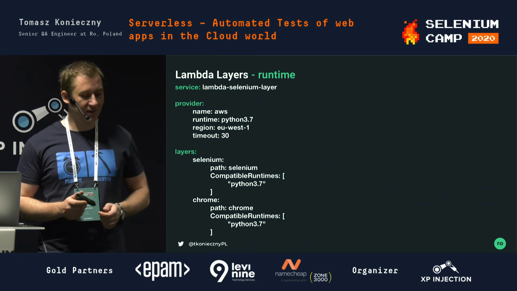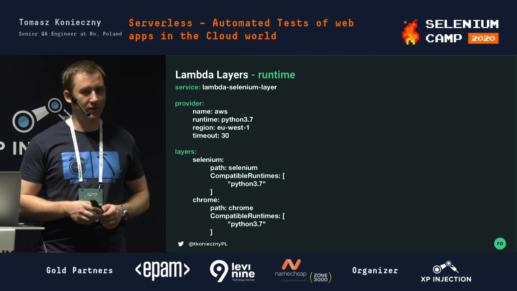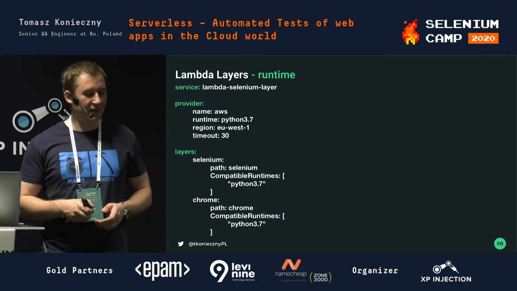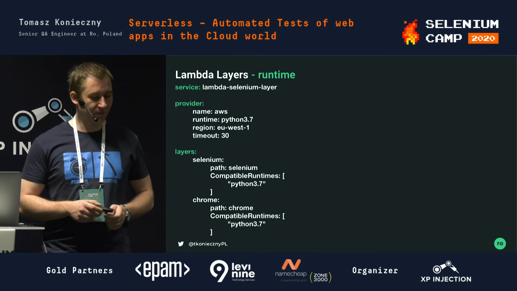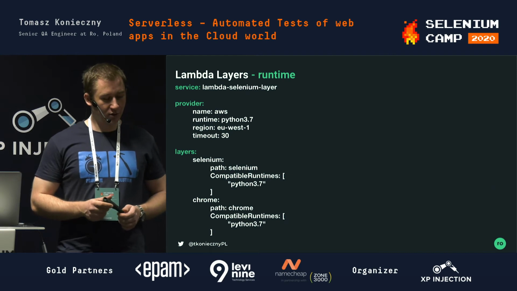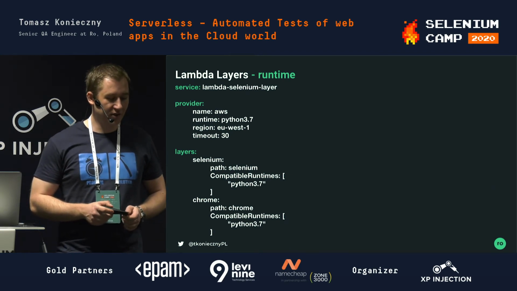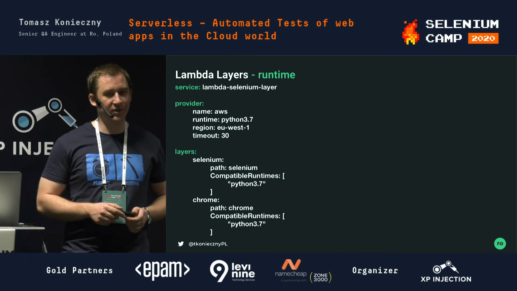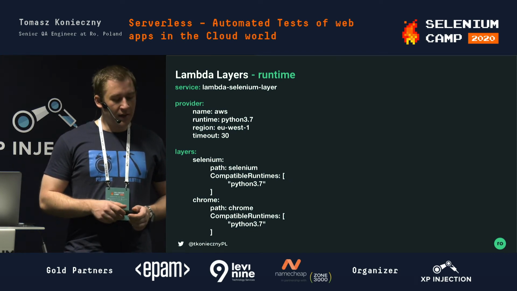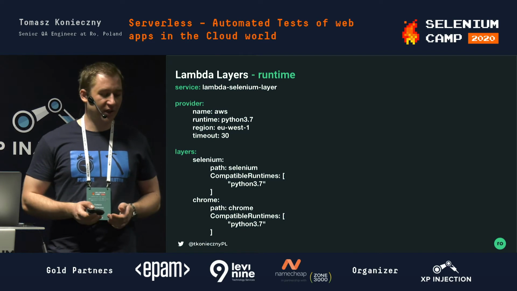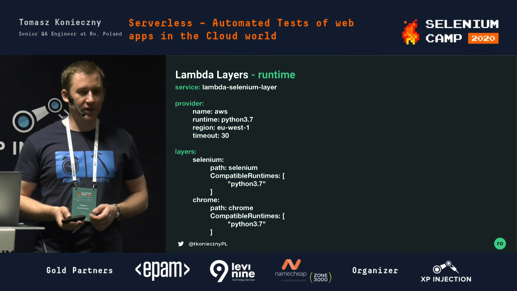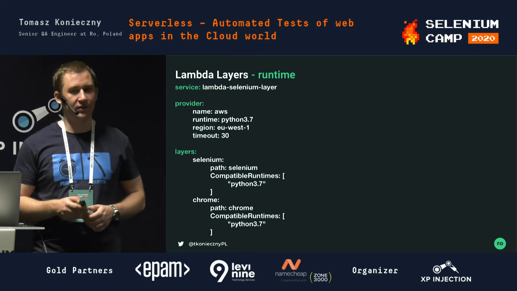Region, Europe West 1, timeout, that would be enough because we have tests that last like 20 seconds each. And also the definition of our layers, so 2 layers will be created here, Selenium with our dependencies and Chrome. And everything that's in the specific directories, Selenium or Chrome, will be available there and a layer will be created from it.